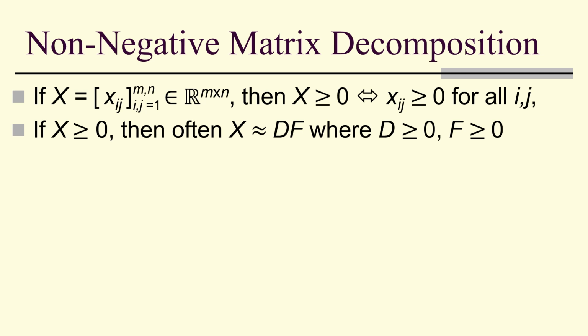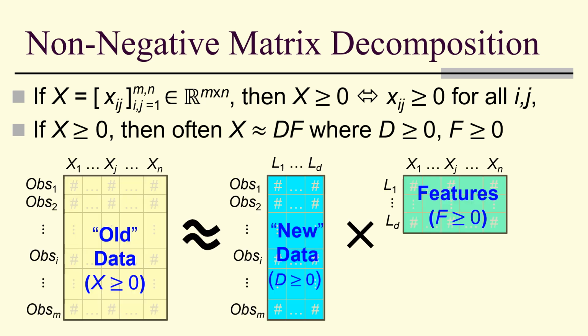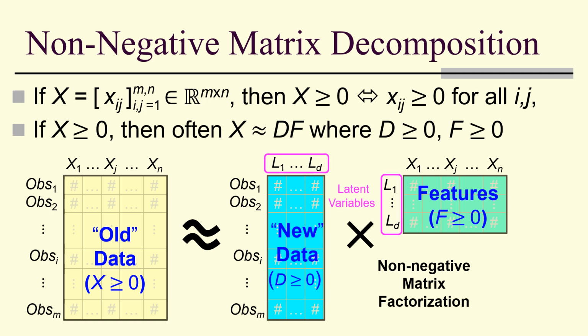And if X is a non-negative matrix, then we can also often write it as the product of non-negative matrices. In other words, our old data can be approximated by new data times the features where all 3 are non-negative matrices. And this is called non-negative matrix factorization.